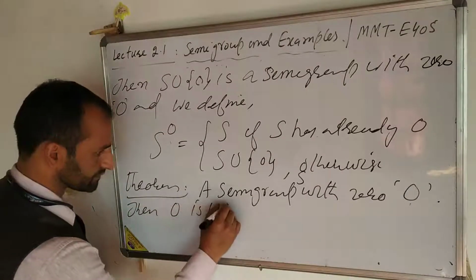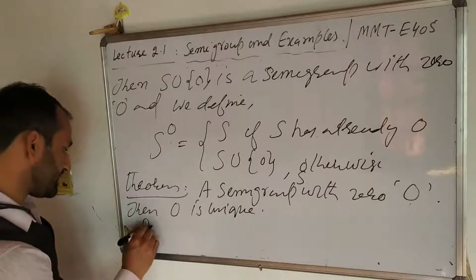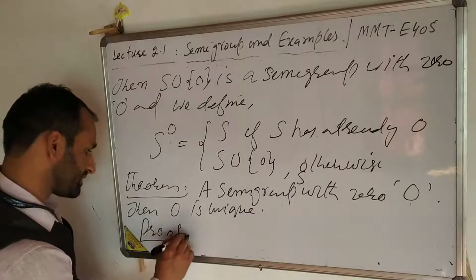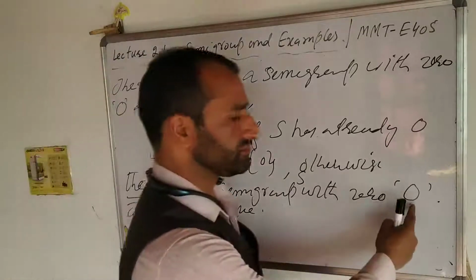The proof is very simple, as in case of the uniqueness of identity. So we again assume, suppose it has two zeros, say 0 and 0 dash.